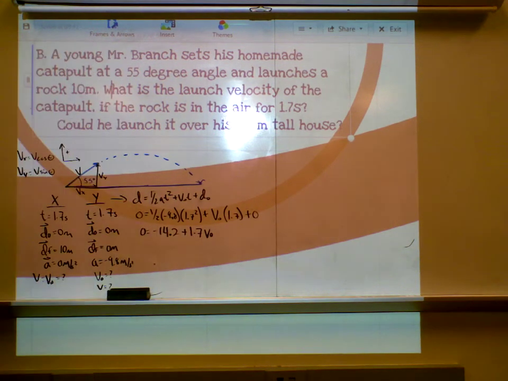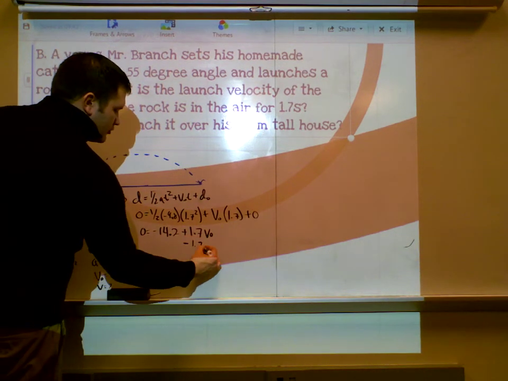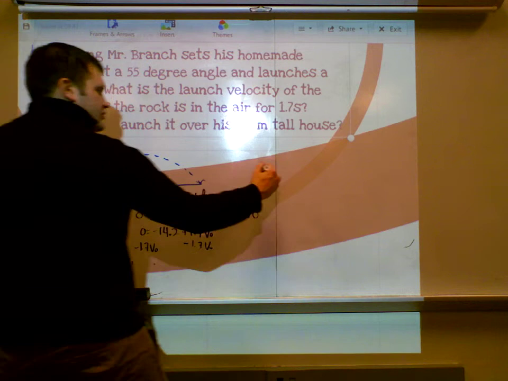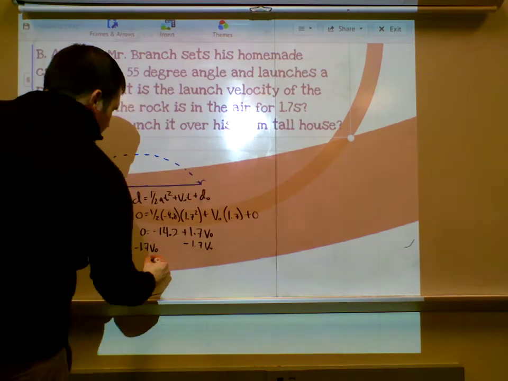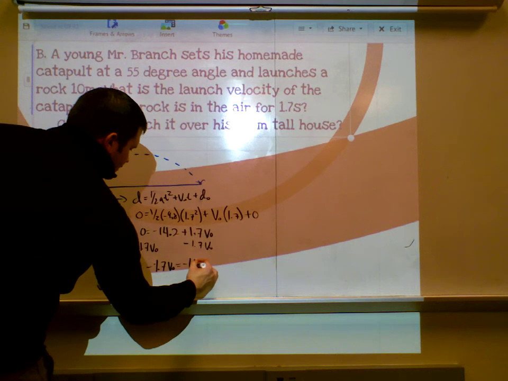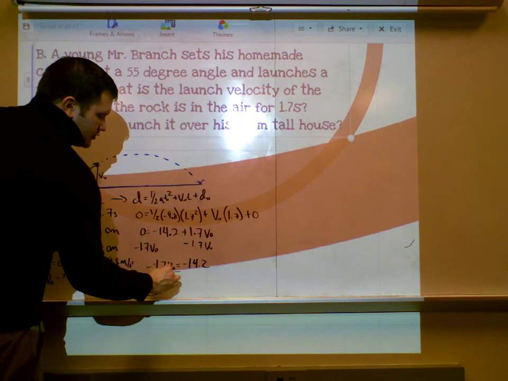And what do we do now? How do we subtract? It's not just 1.7, it's 1.7 v naught. Then we should divide by negative. So negative 1.7 v naught equals negative 14.2, and we divide by negative 1.7.